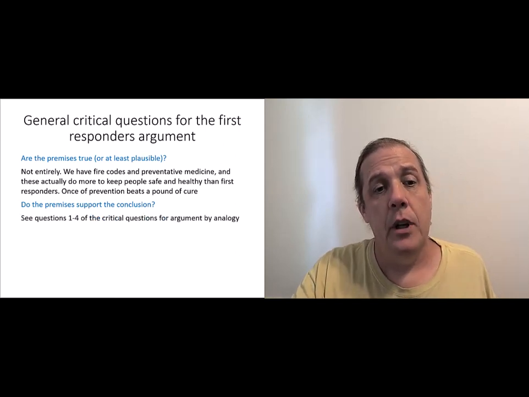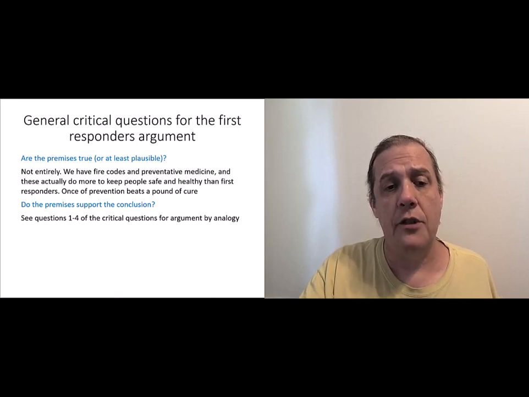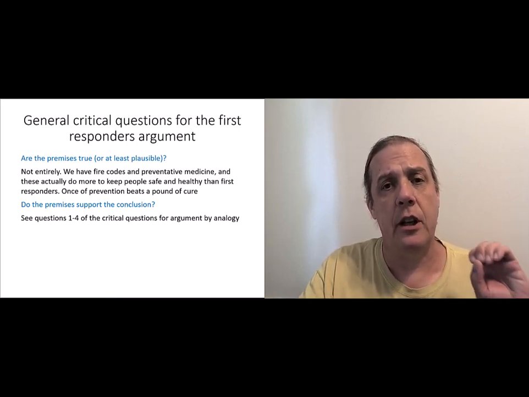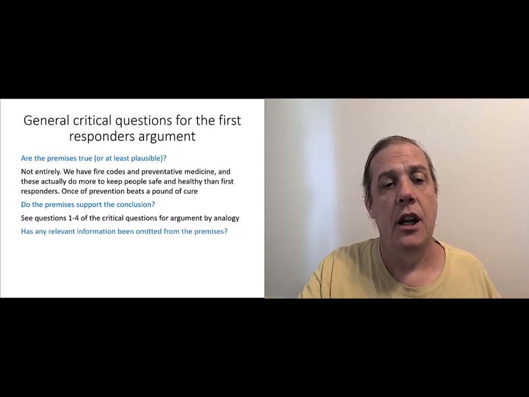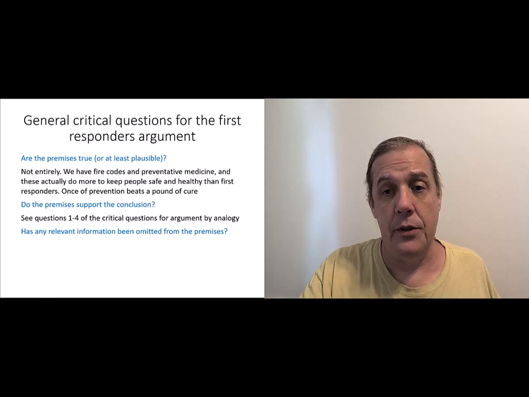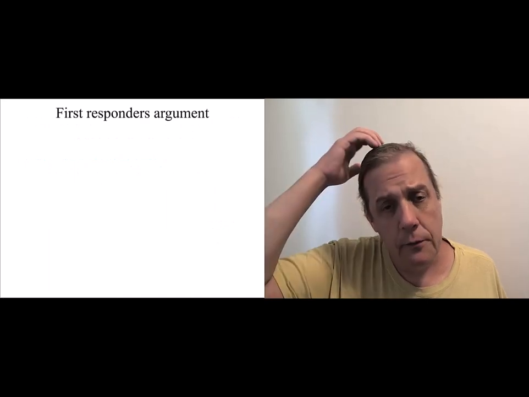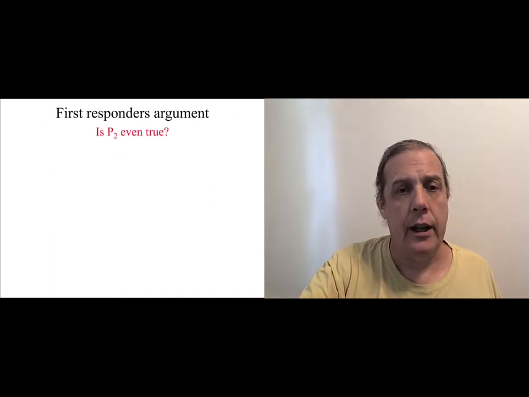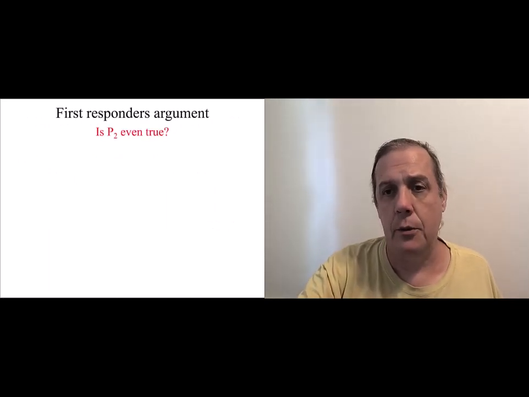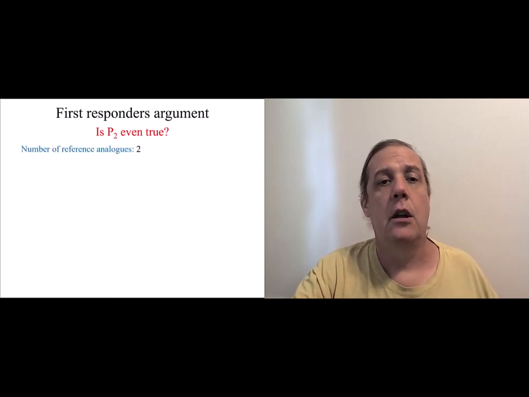Again, this kicks us over to questions 1 through 4 that are specifically about argument by analogy, and has any relevant information been omitted from the premises? And this again will take us to question 5. So let's look at the first responder's argument. And again, I'm just not sure that P2 is true, and that undermines a lot right away.